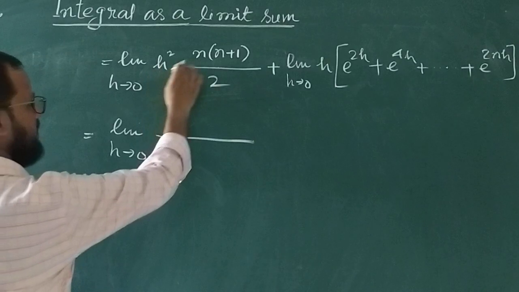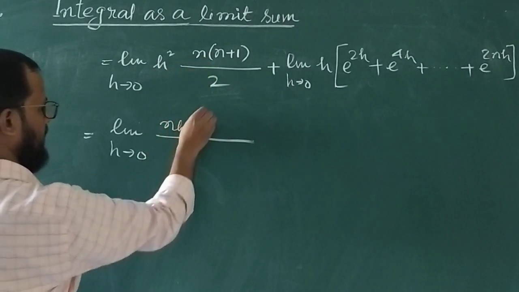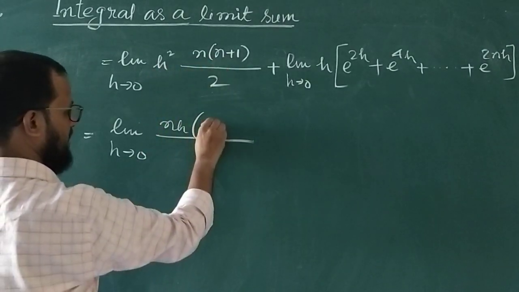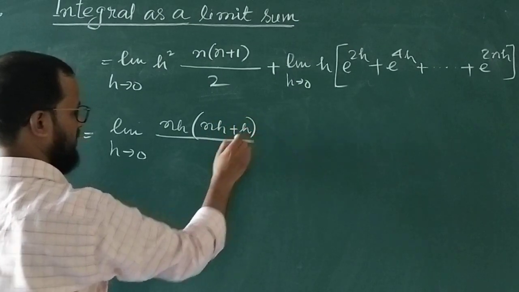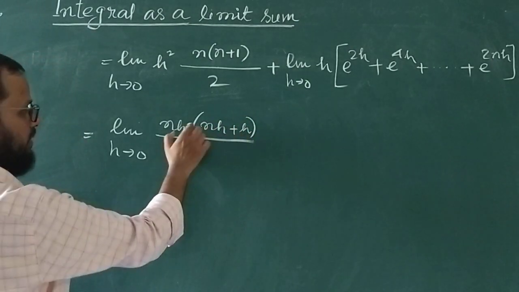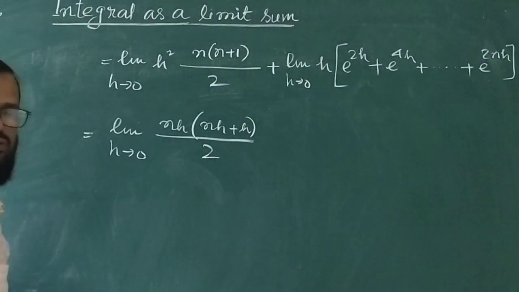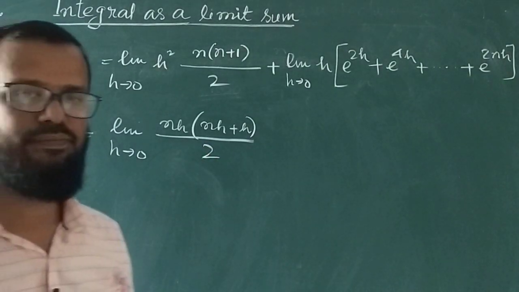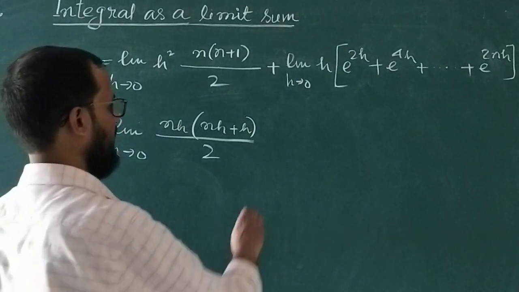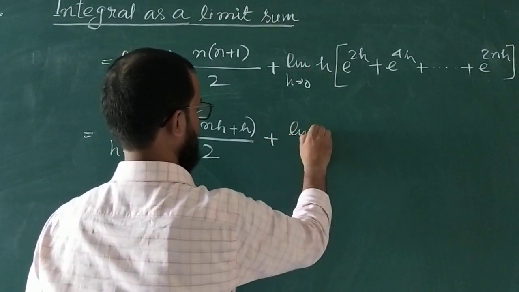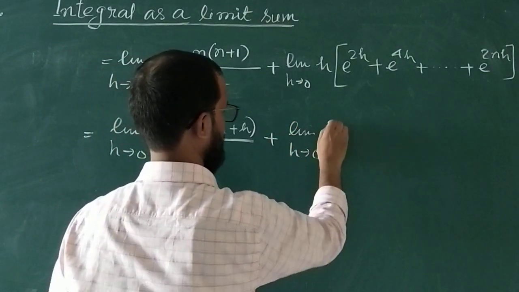Then 1h will be multiplied with this, the other h will be multiplied with this nh plus h. Okay, finally if you take h common, h into h is equal to your h square. So our main job is to find nh, and nh is replaced by some constant quantity. Okay, limit h tends to 0, h into.